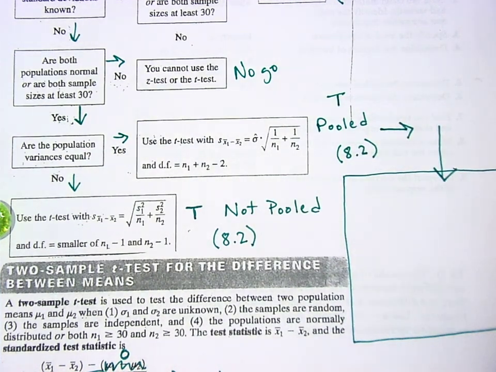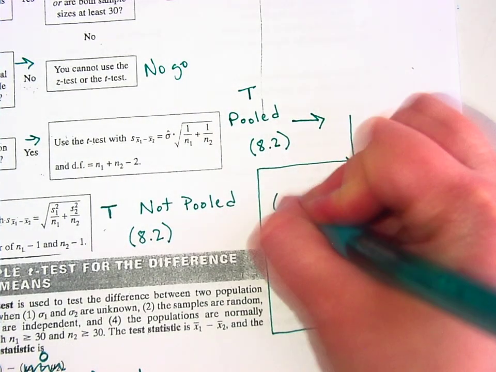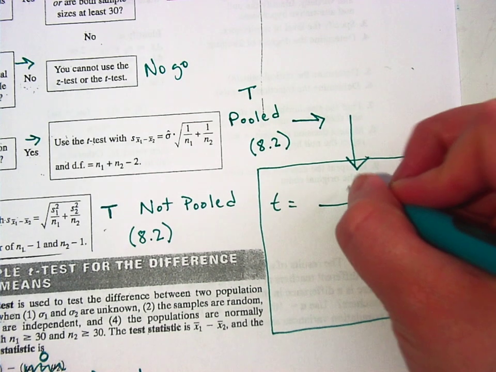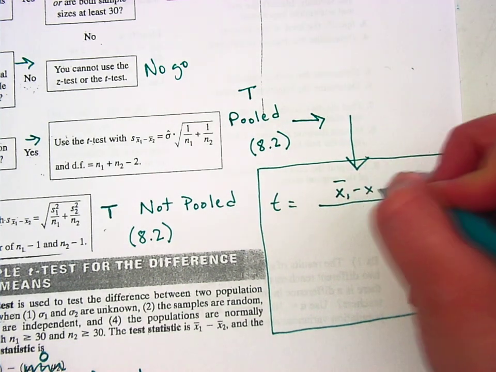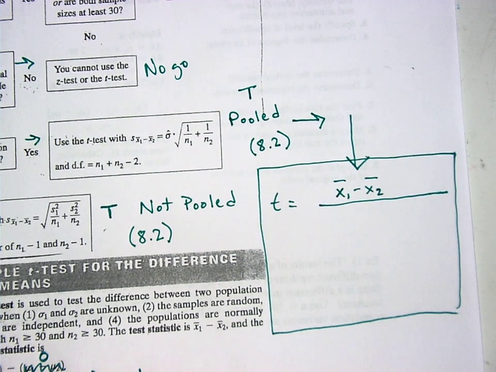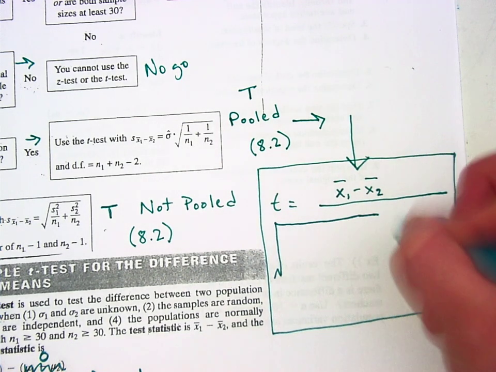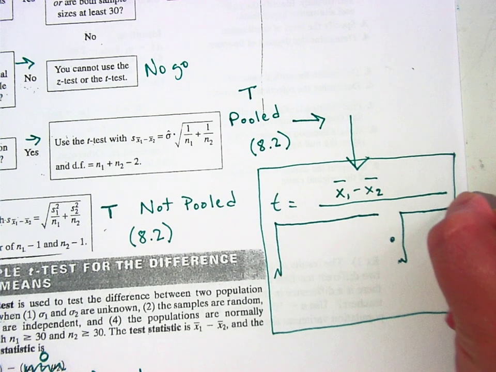All right, here's the formula. If it is pooled, so it's t equals, and on top of the thing, it is x bar 1 minus x bar 2 minus mu 1 minus mu 2, which is 0, so I'm just going to leave it out. Okay, so then on the bottom are two separate giant square roots.